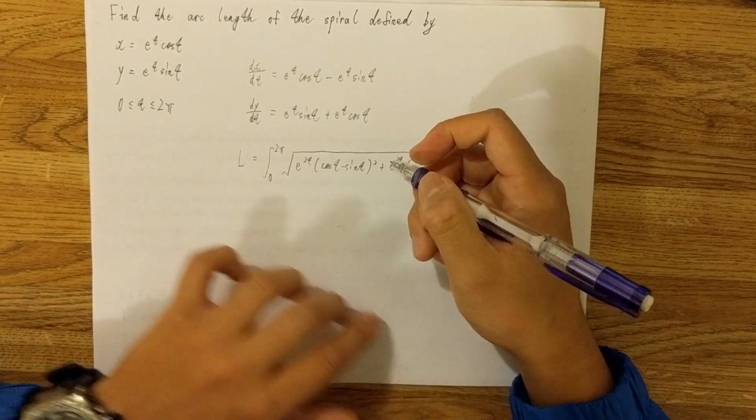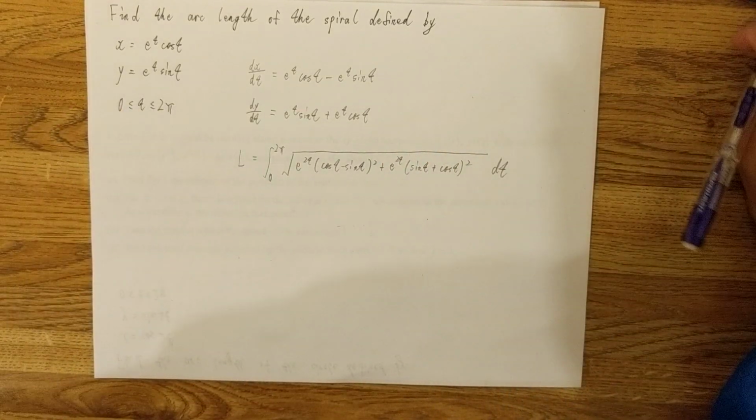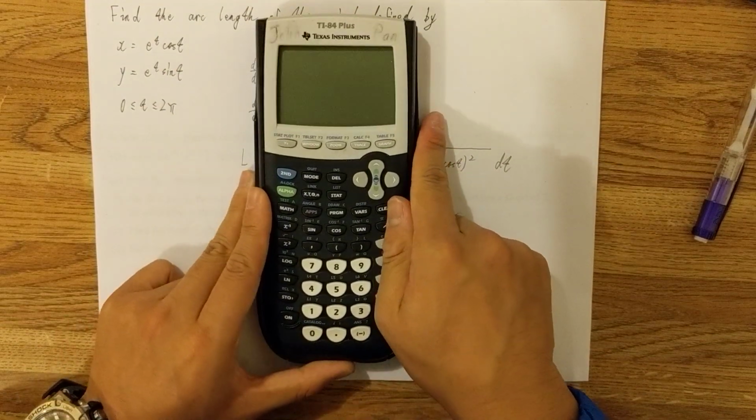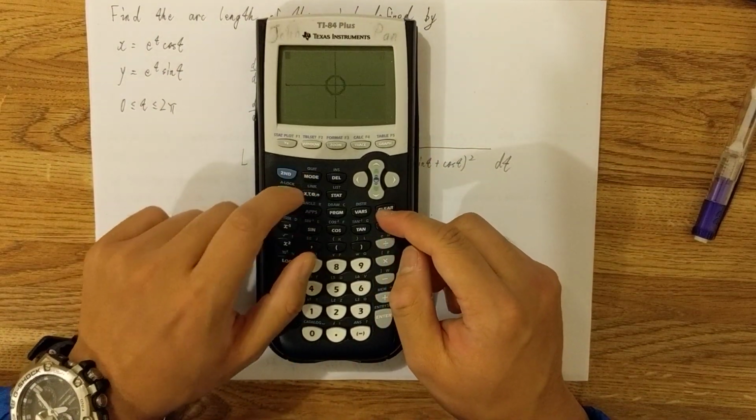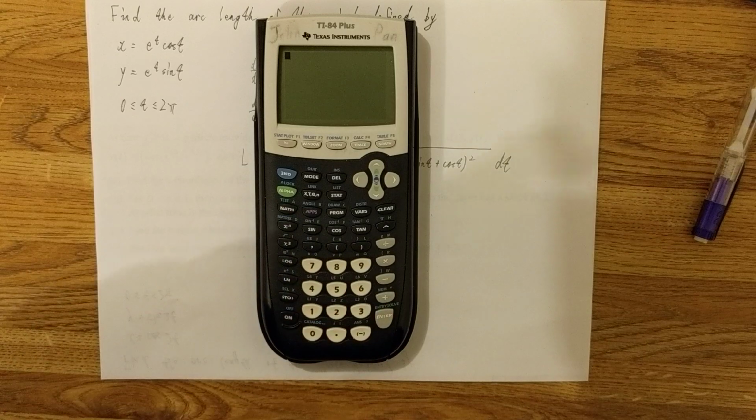So after we set this up, let's pull out the calculator, turn it on, go back to the home screen, and then let's go math 9 to calculate the integral.